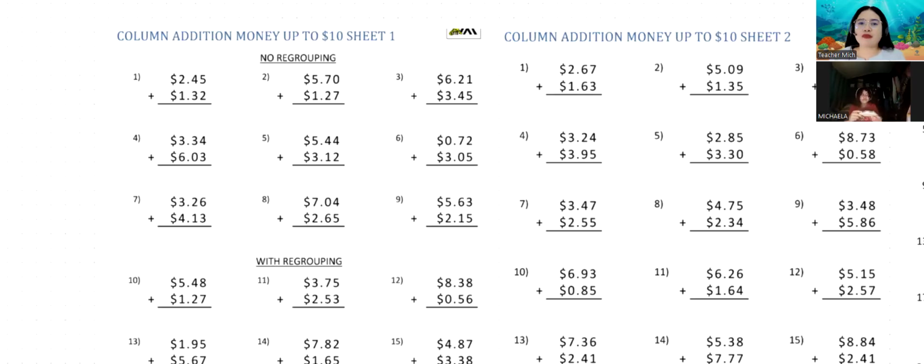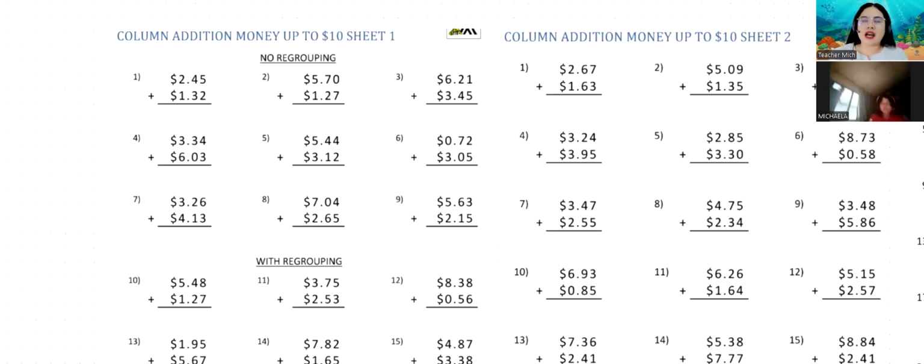We have 100, right? Then we also have the 200 bill, like the green bill, and then we also have 500, which is the yellow bill. We also have 1,000. So the 1,000 bill is the largest money that we have in circulation.